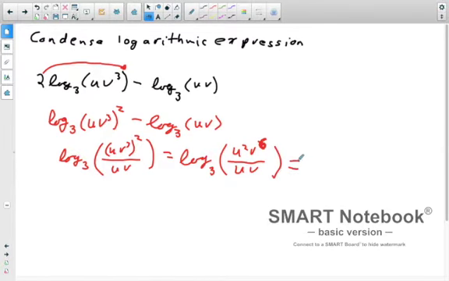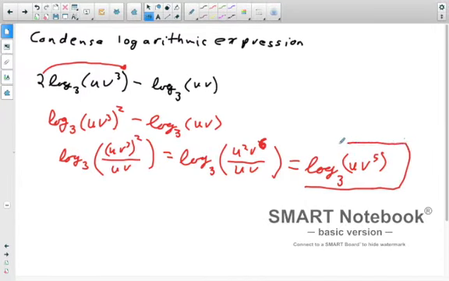And then this can simplify down a little bit more to become log base 3 of just uv to the 5th. So this would be our final expression, as simplified as we can get it.